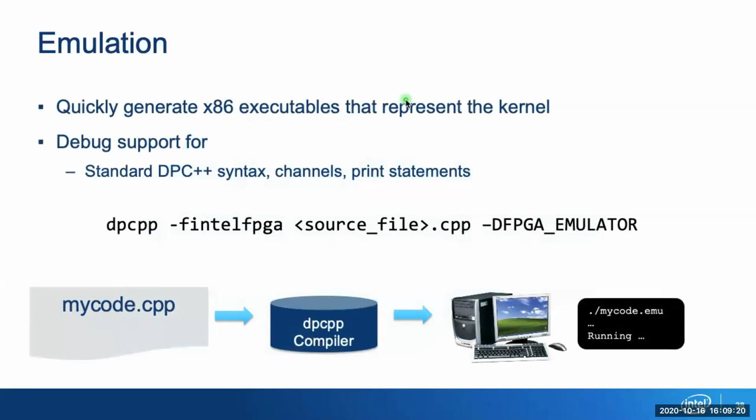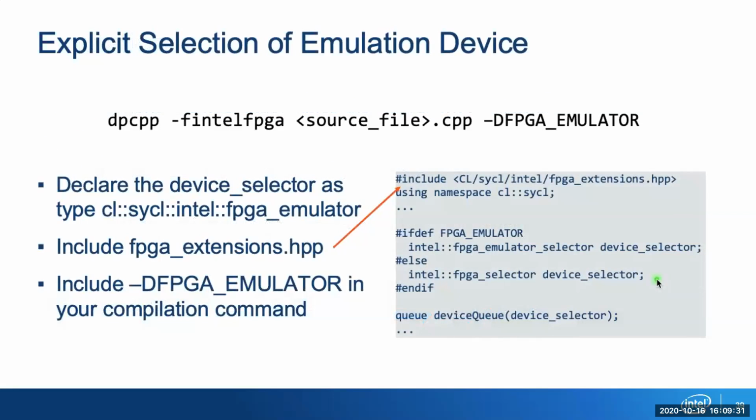And so this is the flow. We compile the code and run on a CPU, and we have an explicit selection of the emulation device.